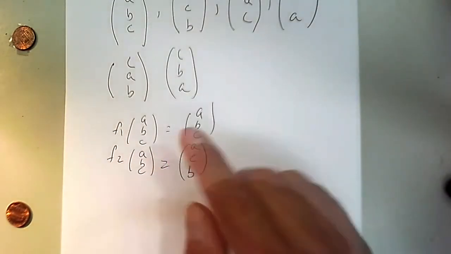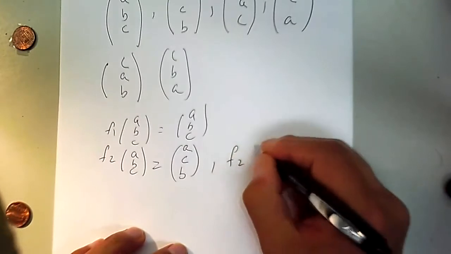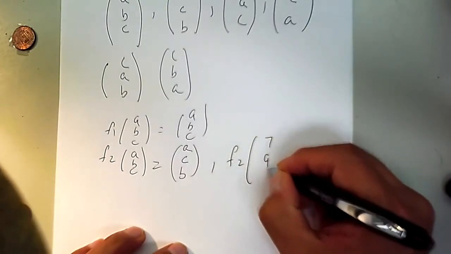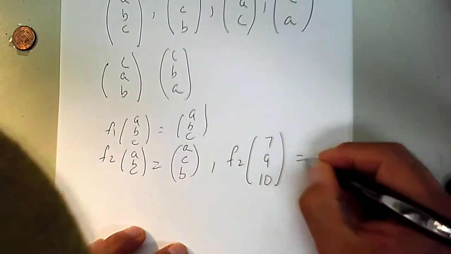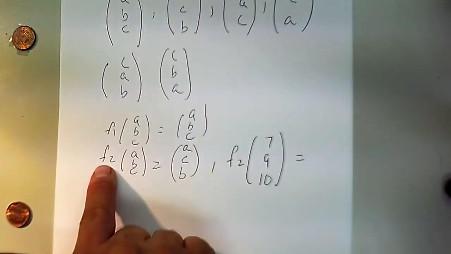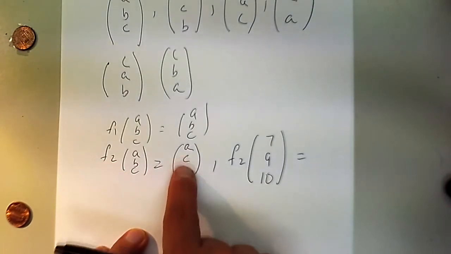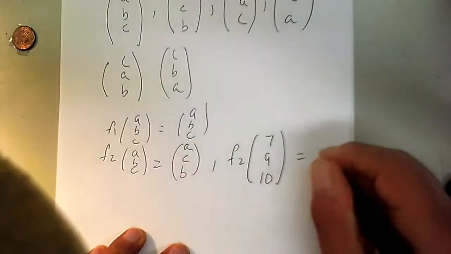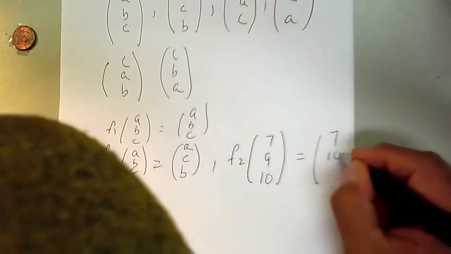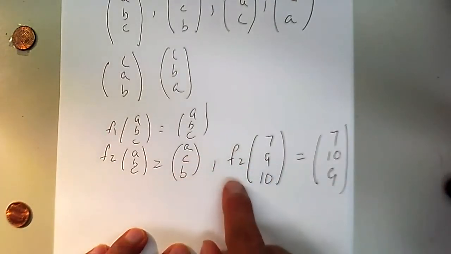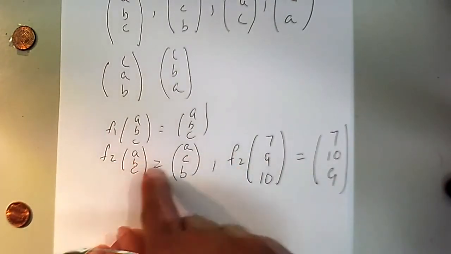Because if we apply F2 to 7, 9, 10, okay, we're labeling as F2 the permutation that exchanges the last two. So that is 7, 10, 9. So don't focus on the ABC, focus on the relative positions.